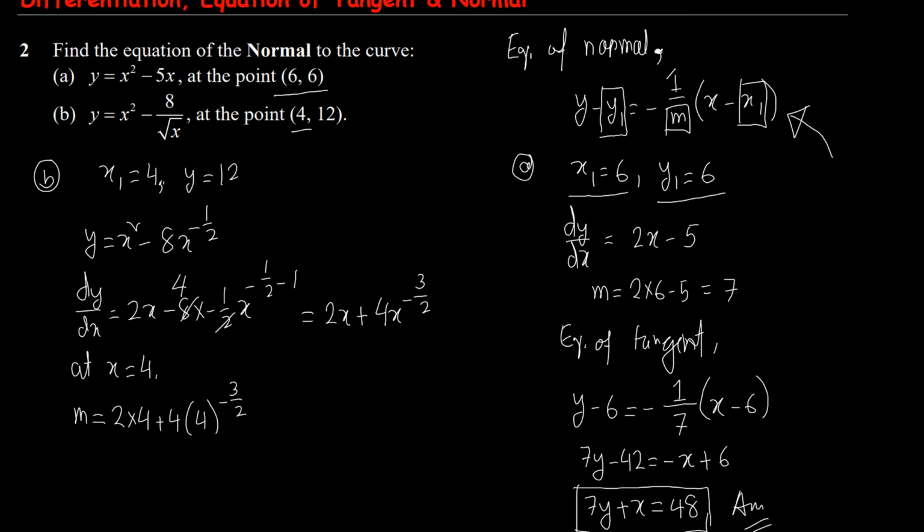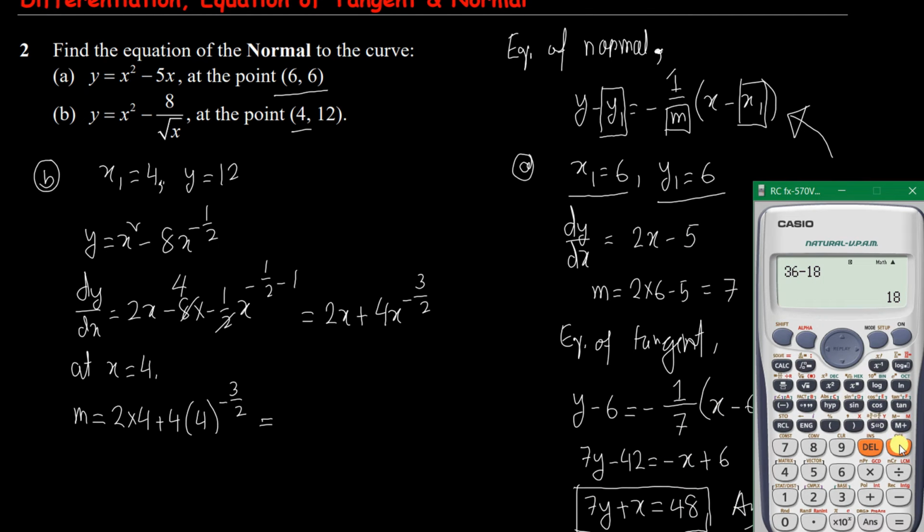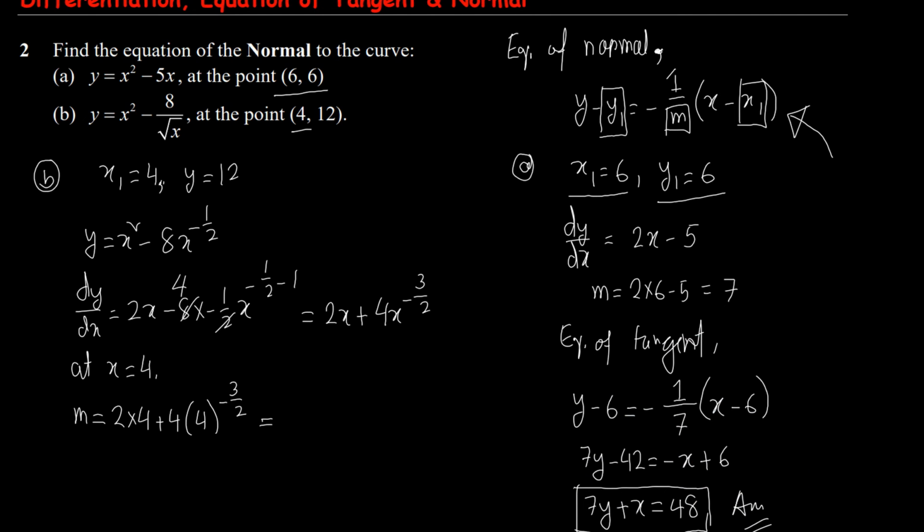We can also use our calculator to do that. 2 into 4 is 8, then plus 4 into 4 to the power minus 1.5, or minus 3 by 2 is 1.5. The value coming out from here is 17 by 2. So this is our gradient we got from our calculation.